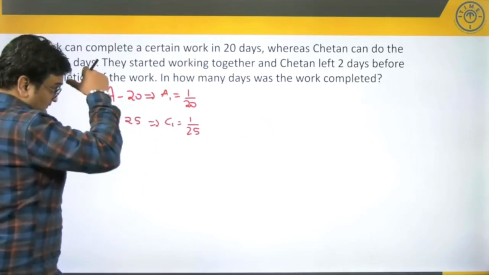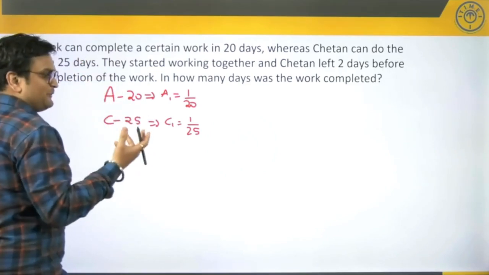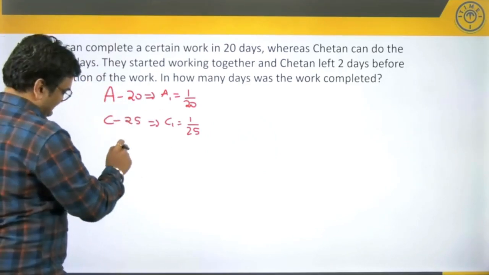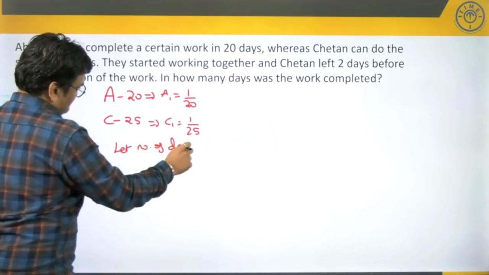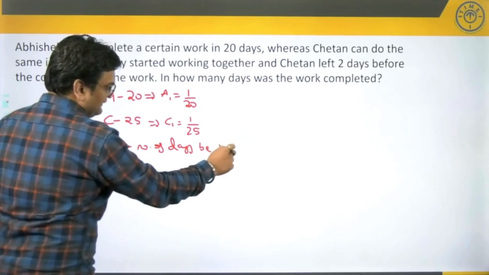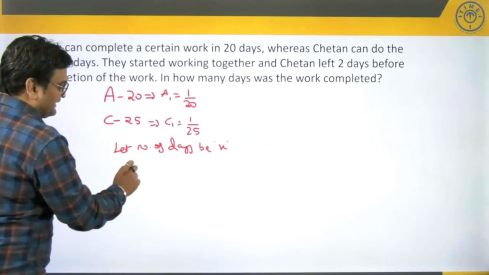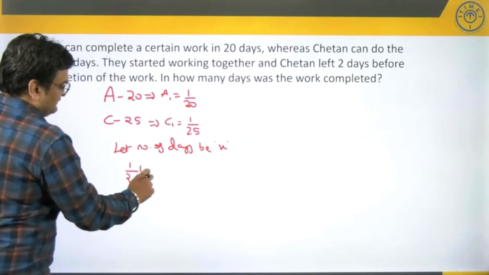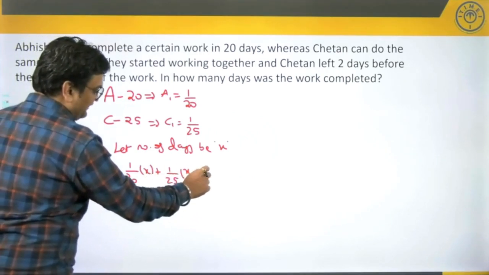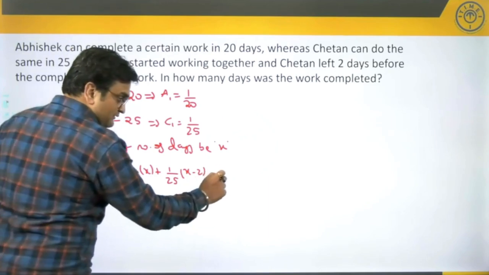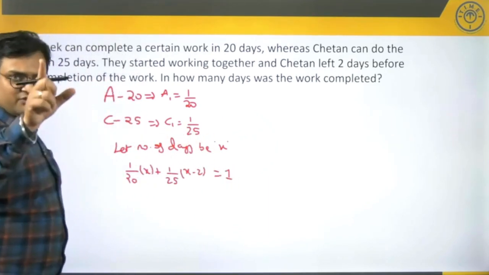So if I assume again, let the number of days of completing be x. Abhishek worked for the entire x days, whereas Chetan worked for x minus 2 days, and this total work should be equal to what? This is the unitary approach, so it should be 1.